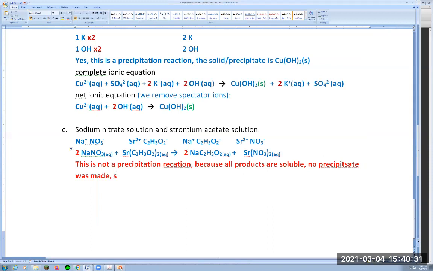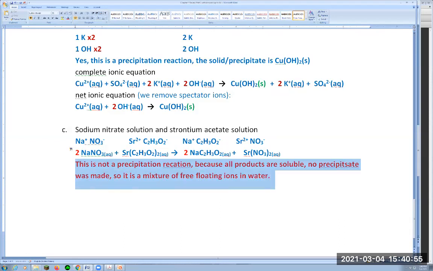So you can visualize this as a mixture of ions in water. I should say free floating ions. They are really free from each other, only surrounded by water. So it's not a precipitation reaction.